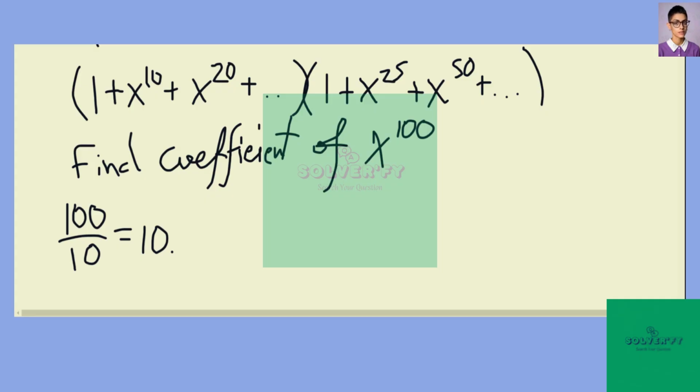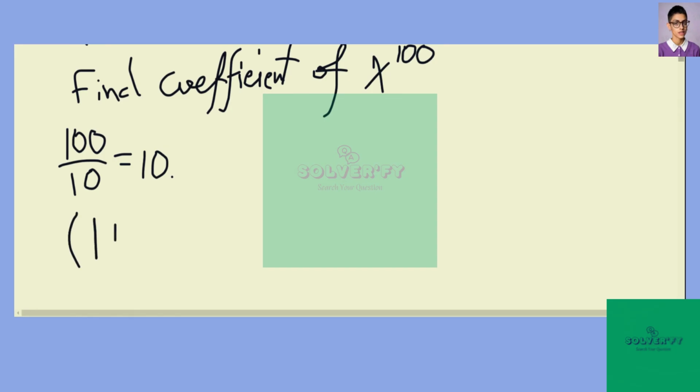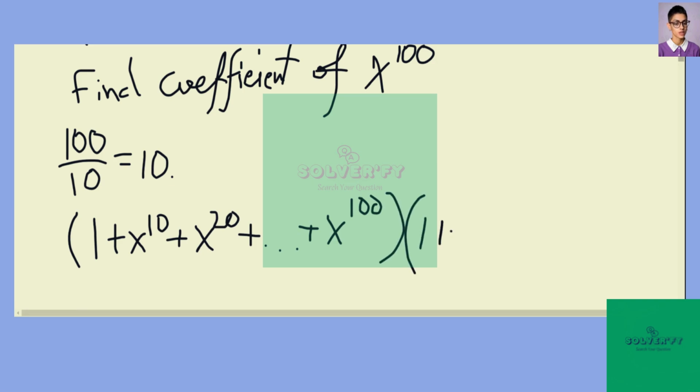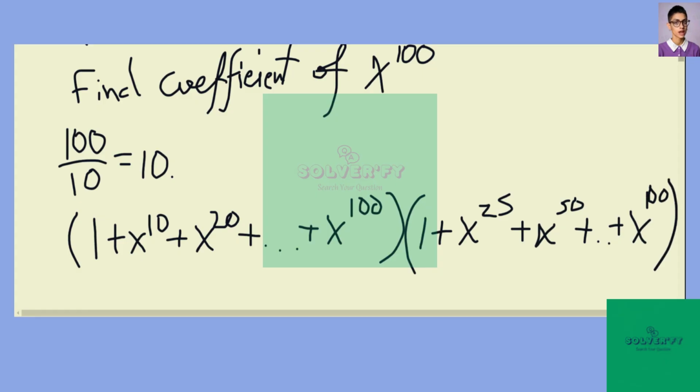So we have 10 terms in the first sum. So 1 plus x to the 10th plus x to the 20th up to x to the 100th, times 1 plus x to the 25th plus x to the 50th plus up to x to the 100th again. It's 25 divides 100.